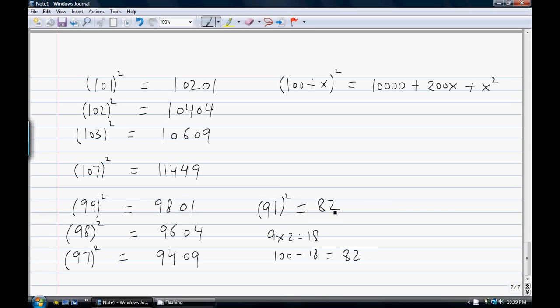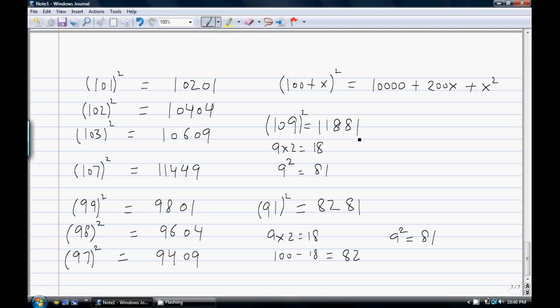I'll write 82 here, and then 9 squared is 81, so I'll write 81 here. So 8281. Similarly for 109, 9 times 2 is equal to 18, so I will write 118, and then 9 squared is equal to 81, so that will be 81.